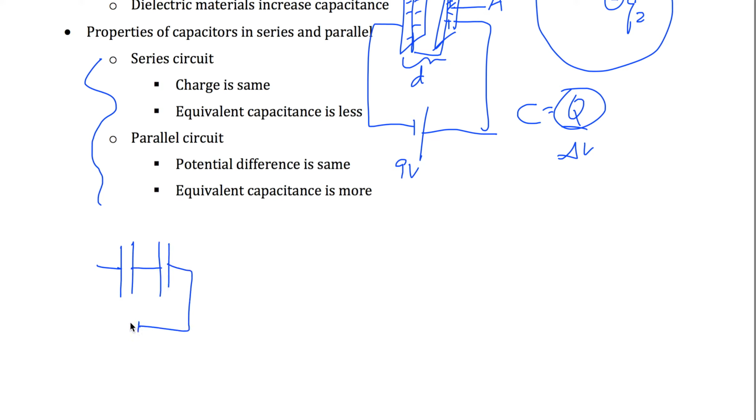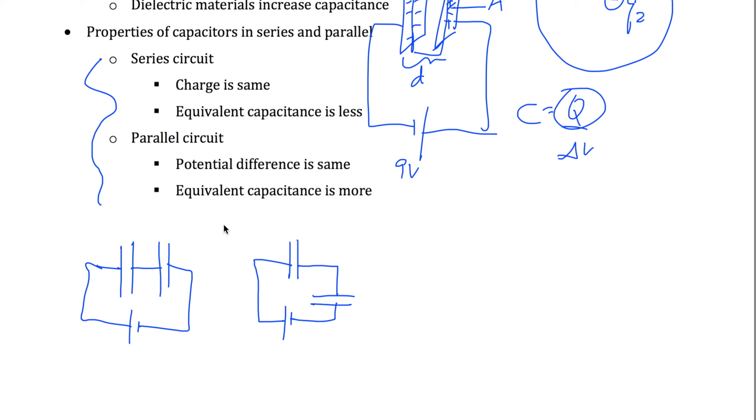You have a circuit, you got some kind of battery, over here's a battery. These two capacitors are in series. They can be drawn like this, or they can be drawn like this. As long as you can make just one loop, go from one terminal of your battery and go do that one loop and go to the other terminal of the battery, there's only one option for that loop, then these are going to be in series.